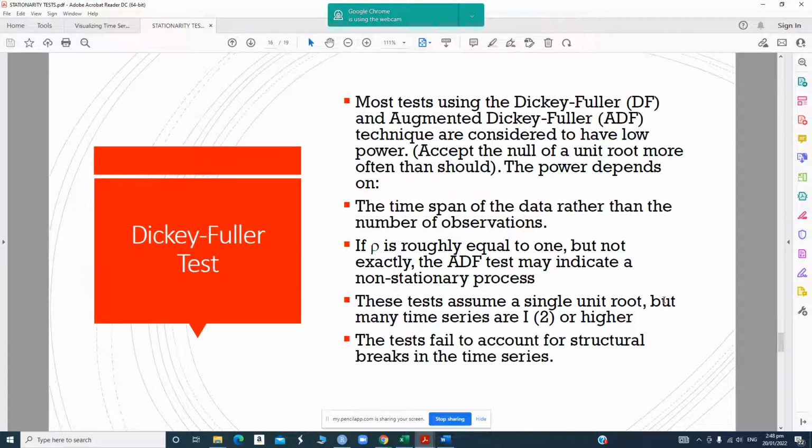So if the coefficient is roughly equal to 1, but not exactly, the ADF test may indicate a non-stationary process. Because of this limited use of Dickey-Fuller, it gives rise to the use of various other tests.